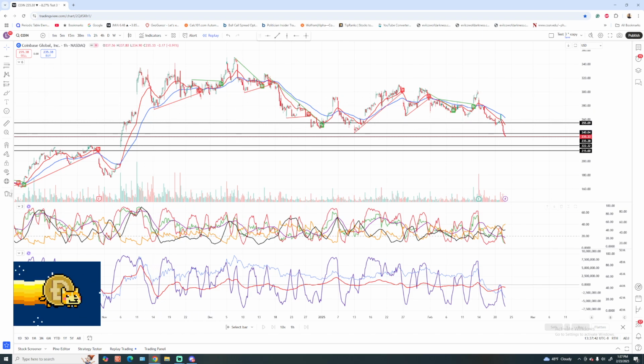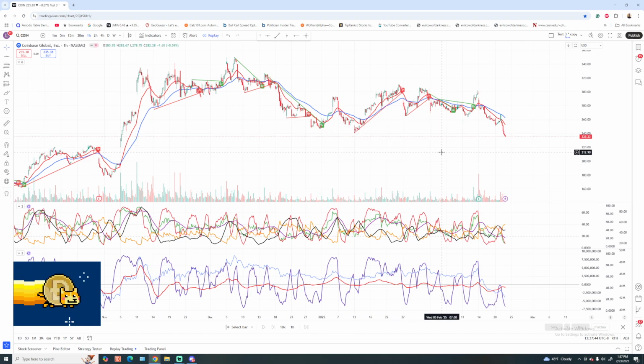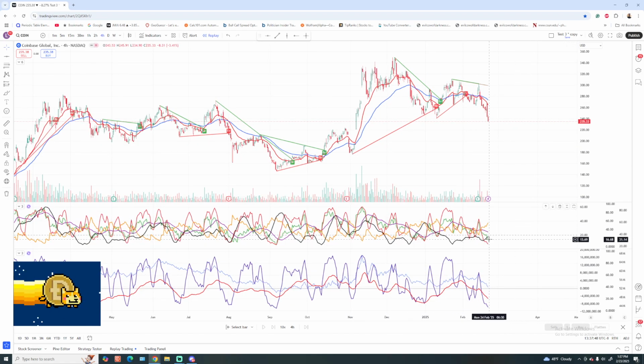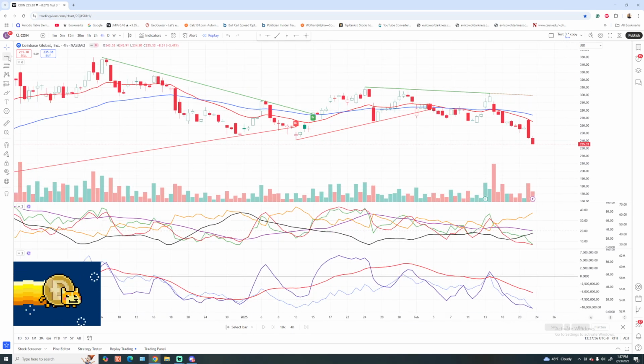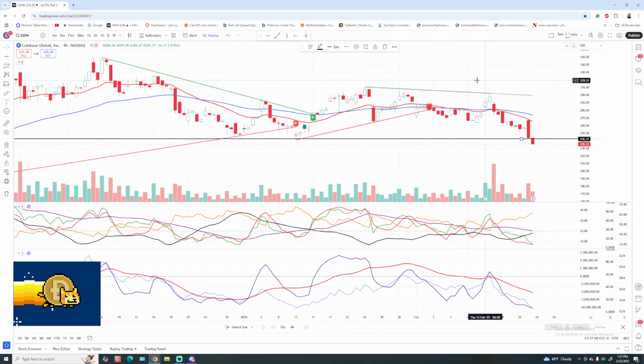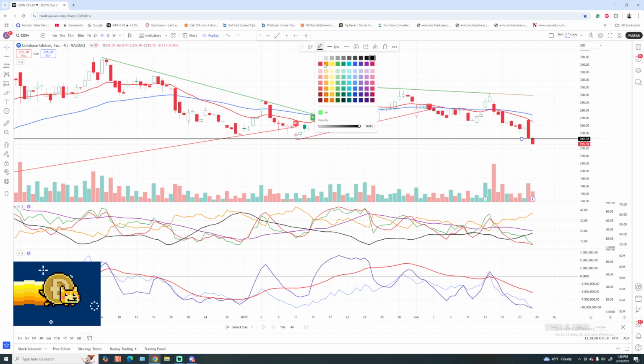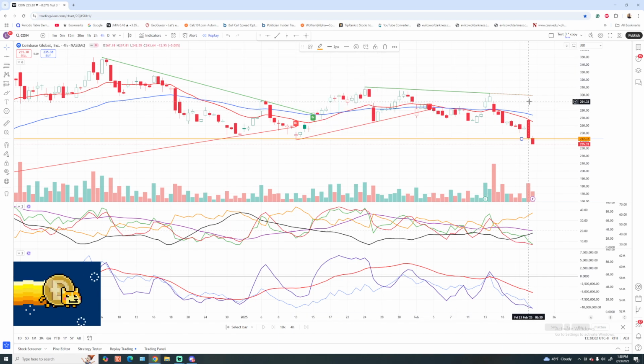Also, what else told me to hold on to it was the 4-hour support. As this sort of intersected right here, this created a new 4-hour support, which was right there. And the price was what, 242.55.